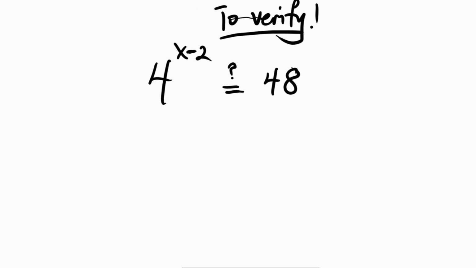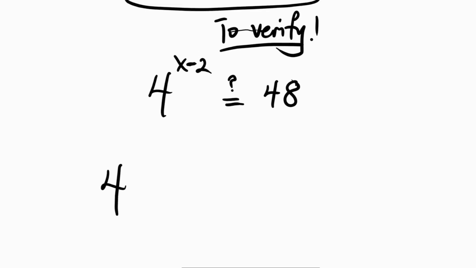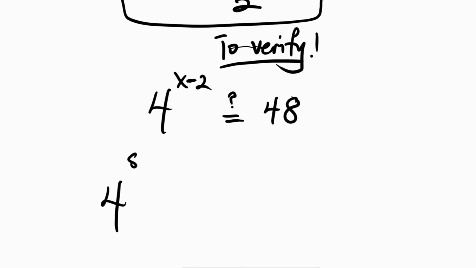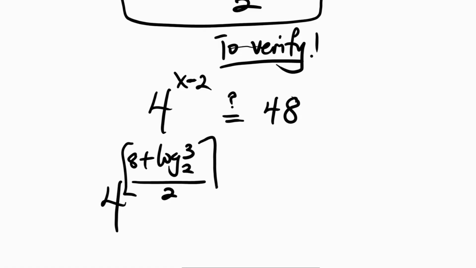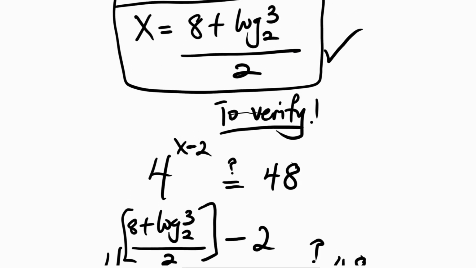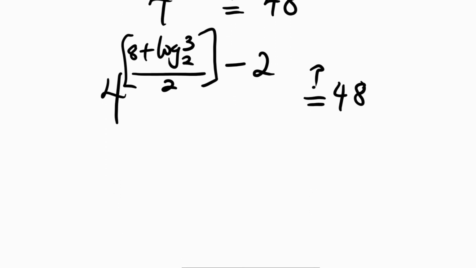Now, plugging in the value of x, we have 4 raised to the power x plus log of 3 base 2 divided by 2, all right, minus 2. Trying to see if that's going to be equal to 48, right?